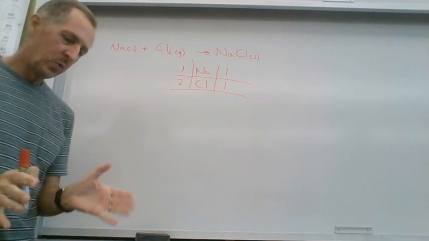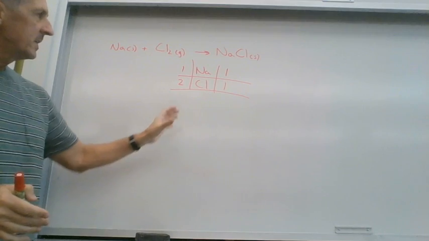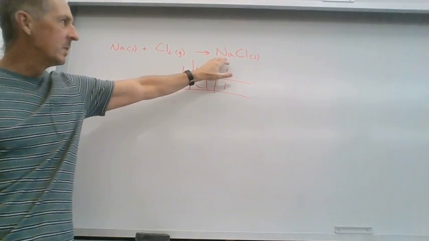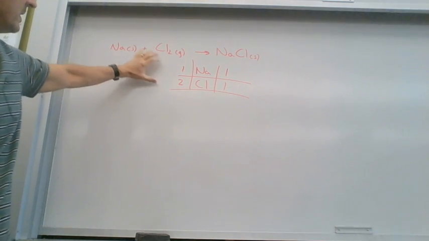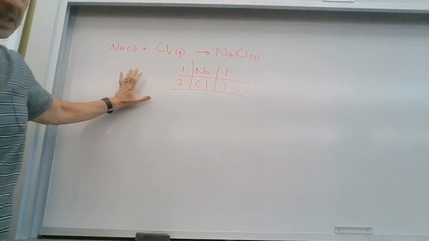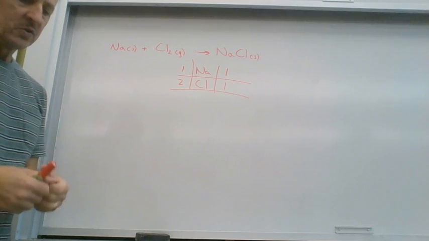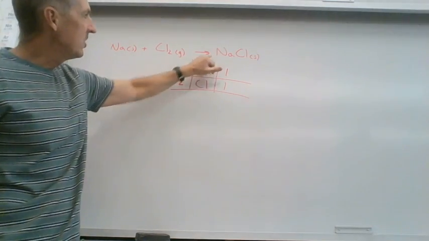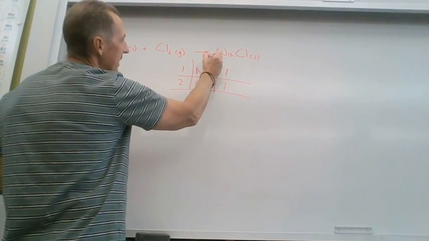Unfortunately, there's not a lot of rules for balancing equations. What I'd tell you to do is start with the more complex compounds first and change numbers there, and leave things that are elemental to the end, because if you change the number of those, you're only changing one thing. And the way we balance an equation is by changing the number that goes in front.